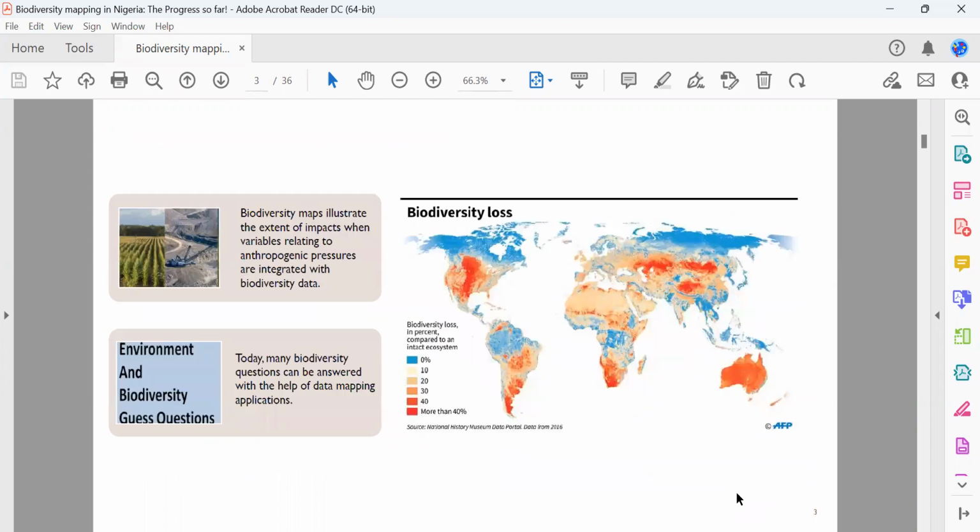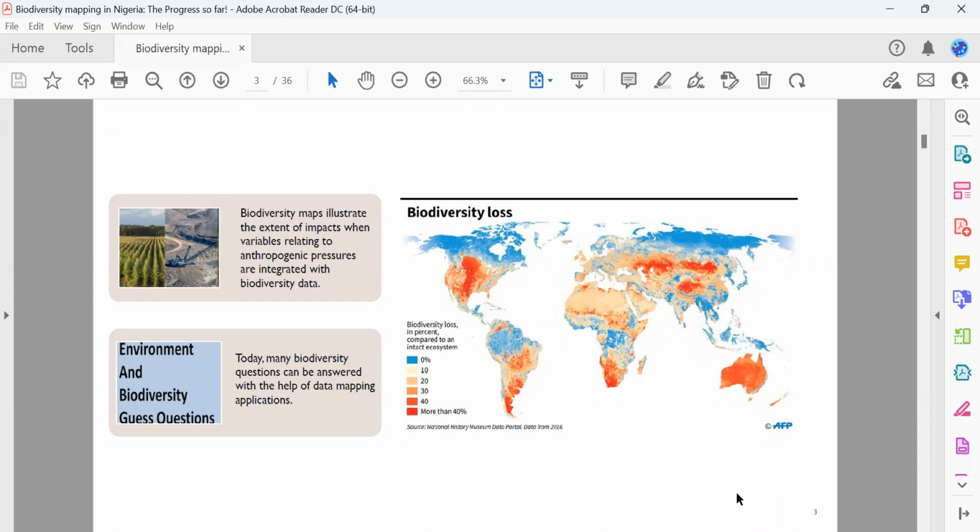More on definitions, biodiversity maps illustrate the extent of impacts when variables relating to anthropogenic pressures are integrated with biodiversity data. Apart from mapping the presence or count of biodiversity in a given location or at a global level, when we relate some of these biodiversity maps with anthropogenic pressures, anthropogenic variables, or any other environmental variables, let's say like climate, maybe like temperature, we can see patterns of biodiversity distributions across the larger landscape.